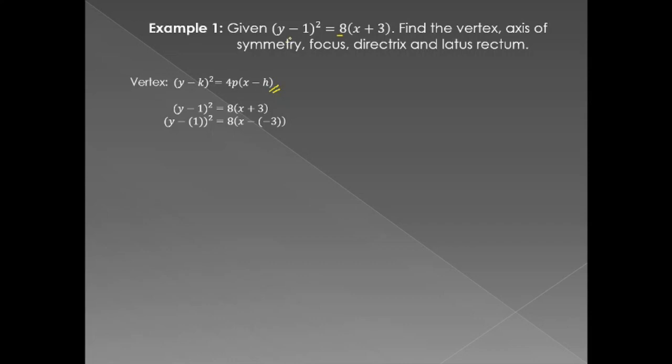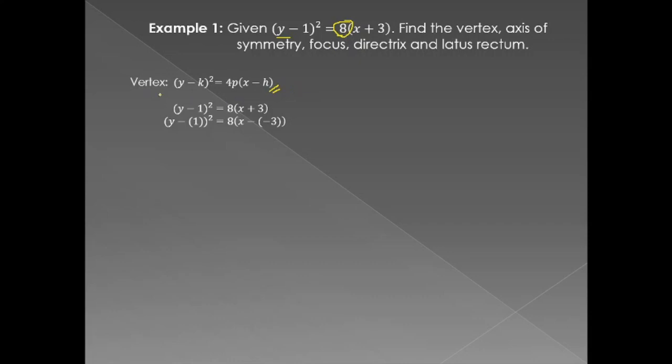Kapag nakita nyo na yung ating equation, alam nyo na kung saan yung opening ng parabola. Since y ang naka-square, dapat right or left ang opening. And positive yung ating 8 dito, so ibig sabihin, nasa right yung opening ng ating parabola.